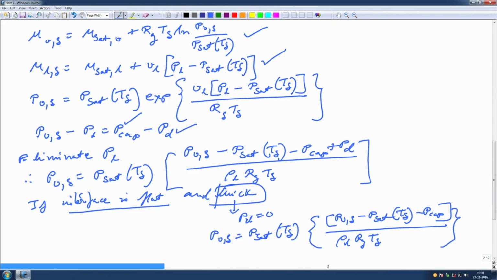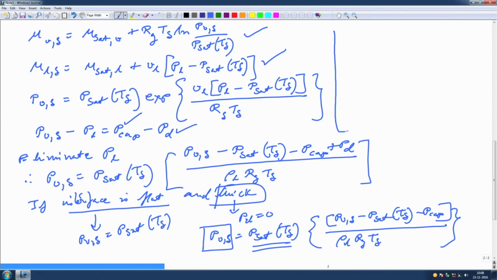Got it? So, there is a reduction, and when the interface is flat, you know that all the terms basically vanish. When the interface is flat and thick, you basically have your P delta the same as your saturation pressure, when both of these things happen. So, in general what you see is that the saturation vapor pressure at the interface is actually lowered compared to the P sat.